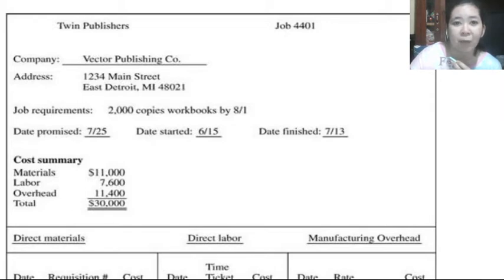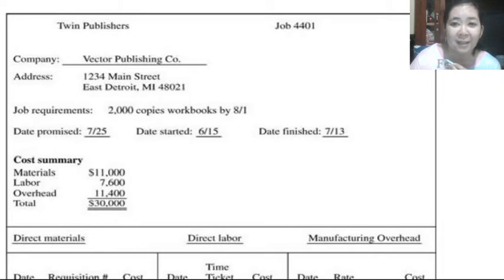This is for Twin Publishers. The job number is 4401. Their client is Vector Publishing Corporation. It also shows there the address of their client. Job requirements: the specification of the customer is 2,000 copies of workbooks.